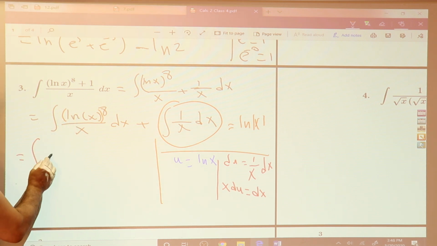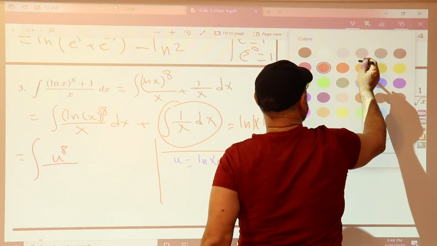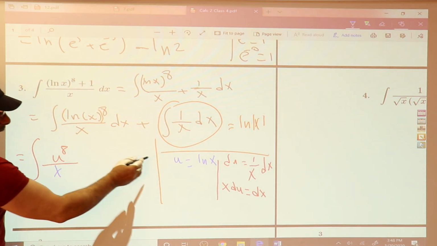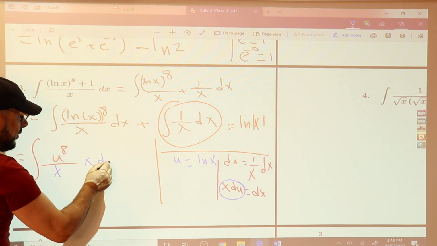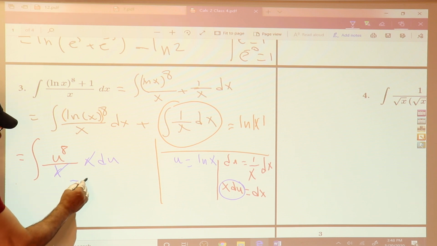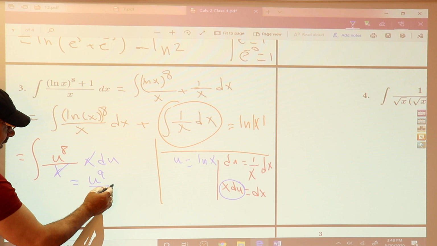All ln x becomes u to the 8, and x is x, and dx is x du. What you notice is that this cancels with this, and this equals u to the 9 over 9 plus c, right?